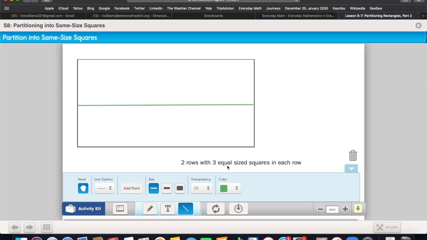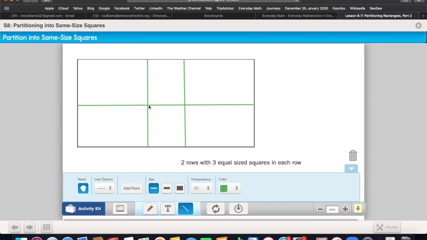And now I need 3 equal sized squares in each row. So I need to make 3 columns that are about equal size. So maybe I'll make one here and one here. How does that look, second grade? You're right, there's something wrong.